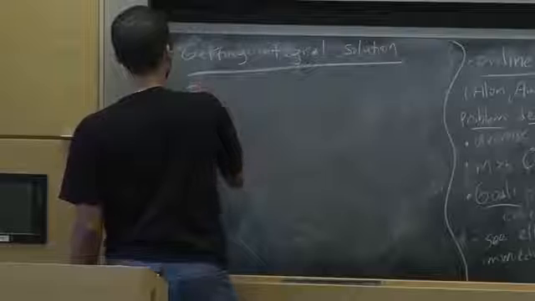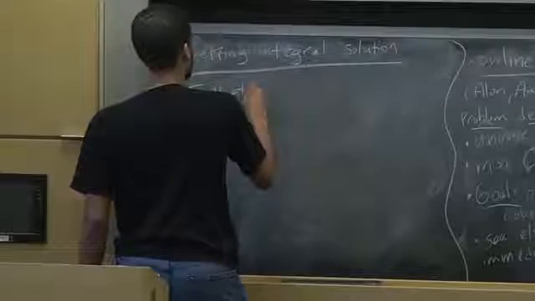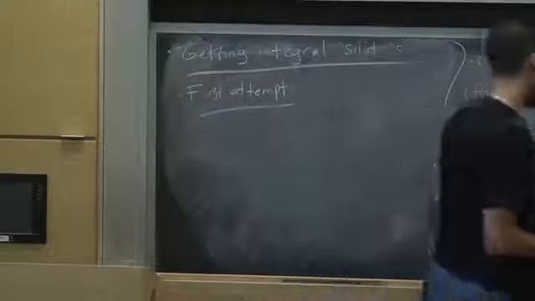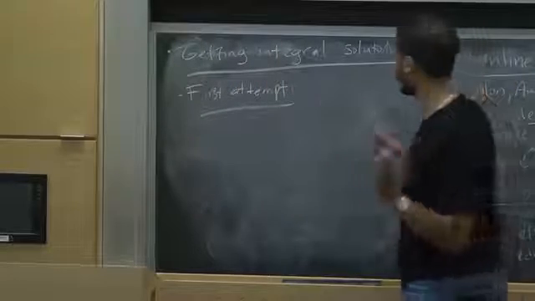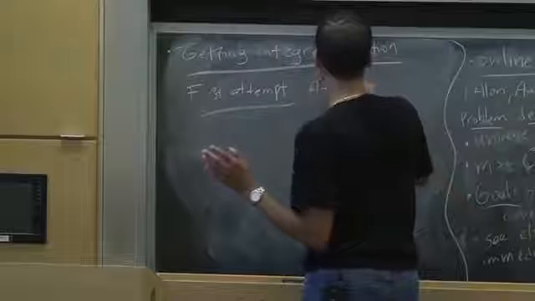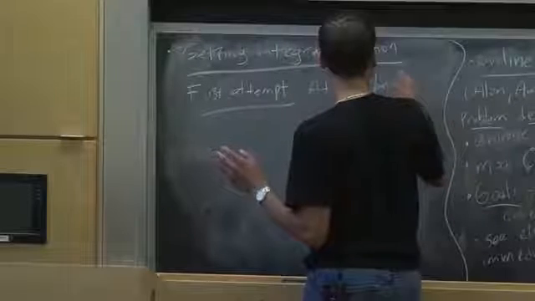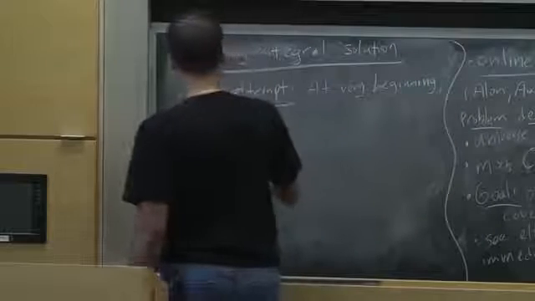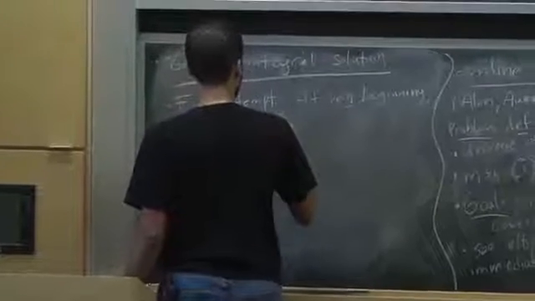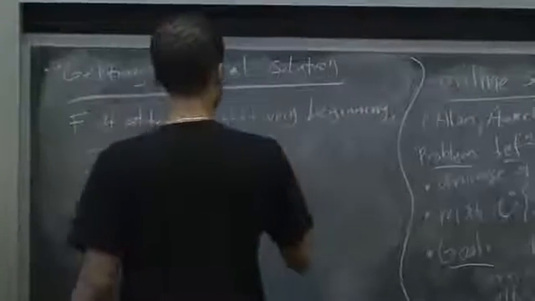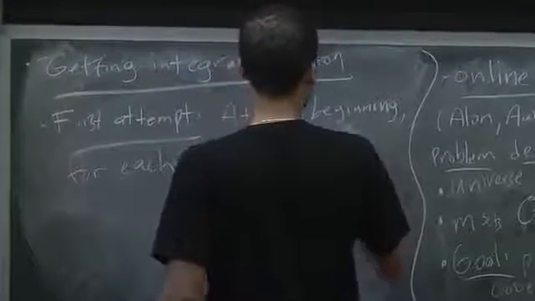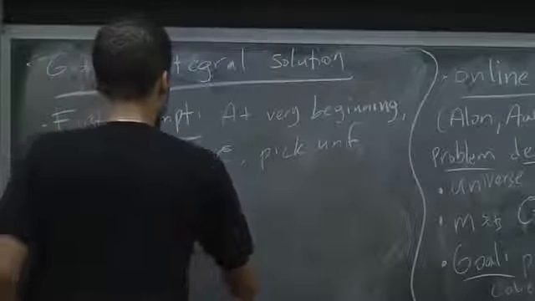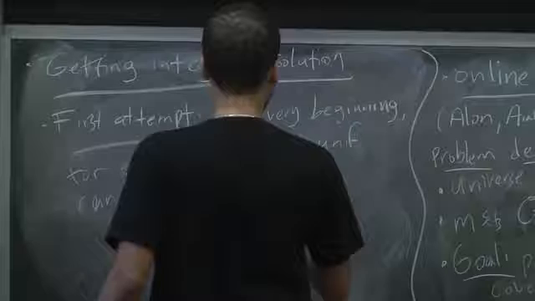The first attempt would just be, at the very beginning, for each s in the collection, pick uniformly random alpha sub s in 0 to 1.